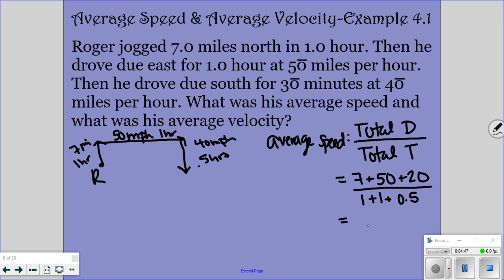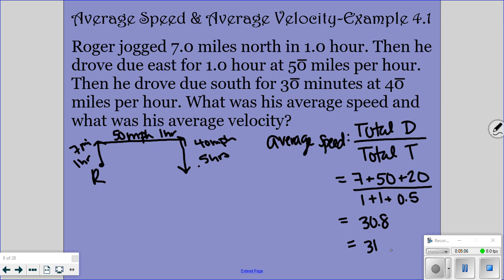Which is 30.8. And we need to look back at the problem. How many significant figures do we have in all of our numbers? We have 2 sig figs. So we're going to round this to 31.